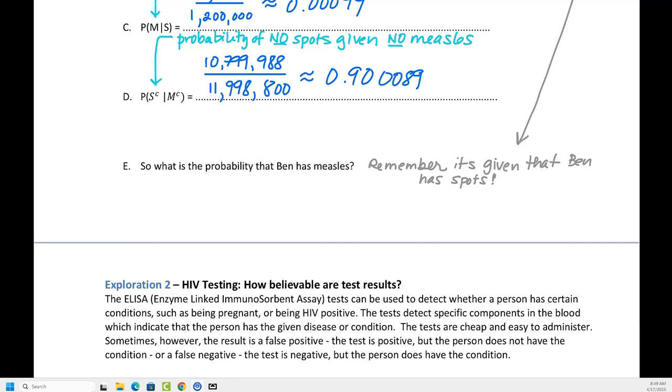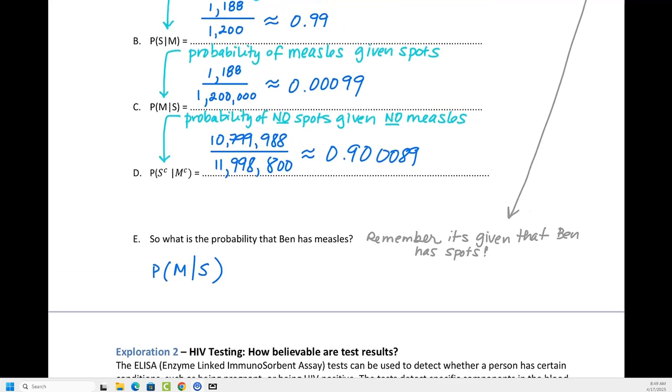So isn't this the probability that Ben has measles given that he has spots? Do you see it? Wait, didn't we already figure that out? We did up here, didn't we?